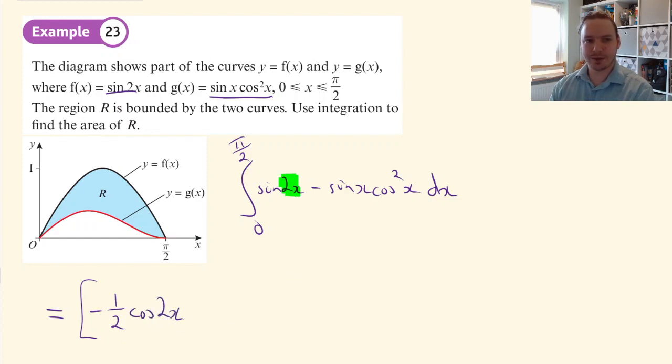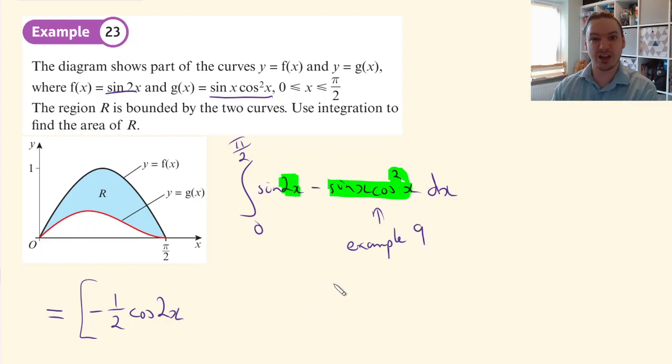Our second one is a reverse chain rule function: a function and its derivative. If you want a bit more detail, there is a very similar question in example 9 earlier in the chapter. But suffice to say, that one is 1/3 of cos cubed x. And I want to do this between 0 and pi over 2.